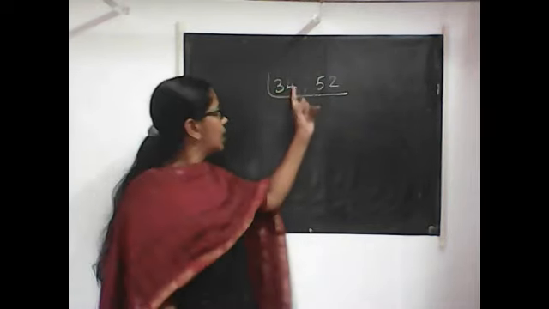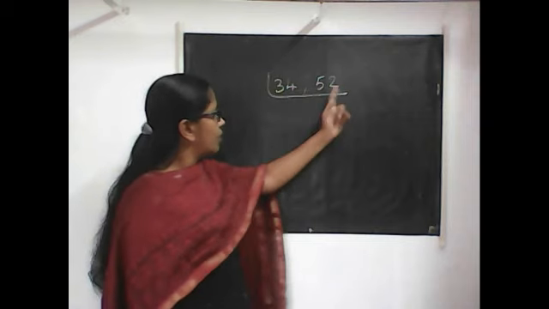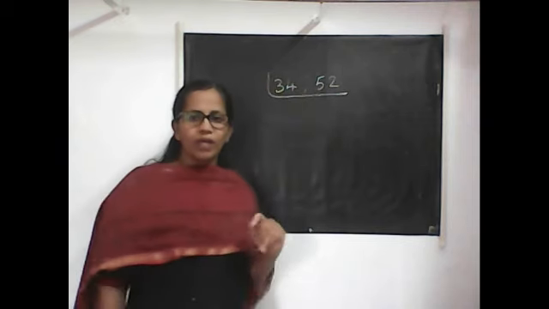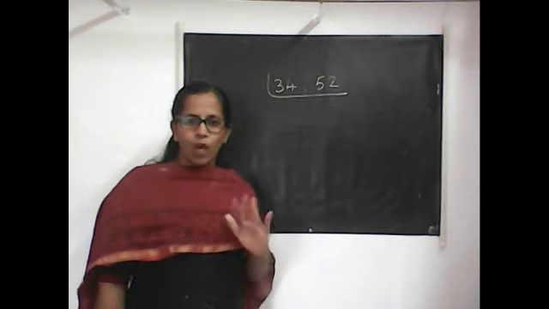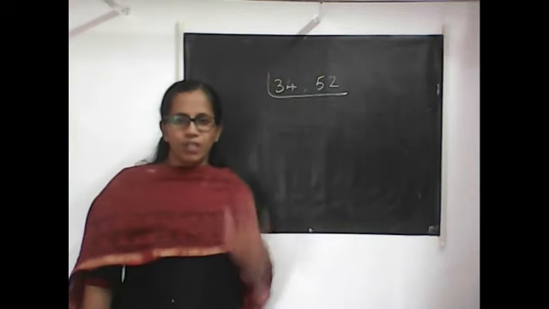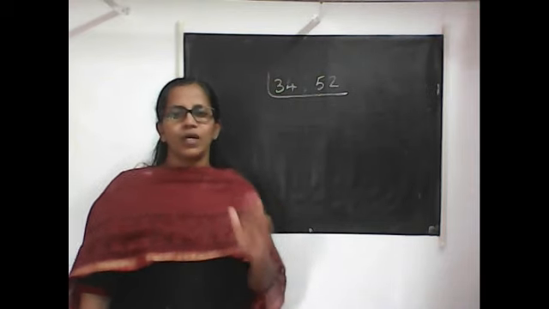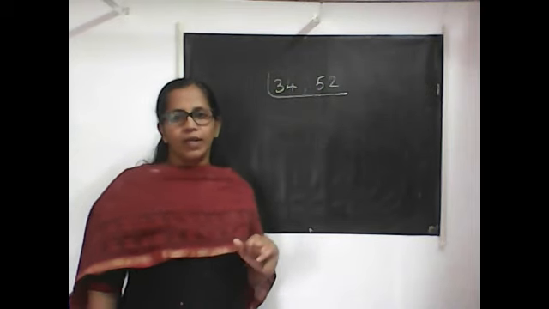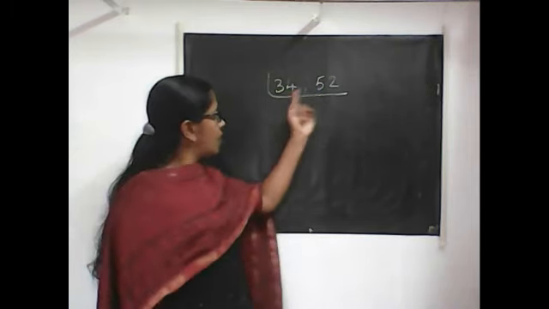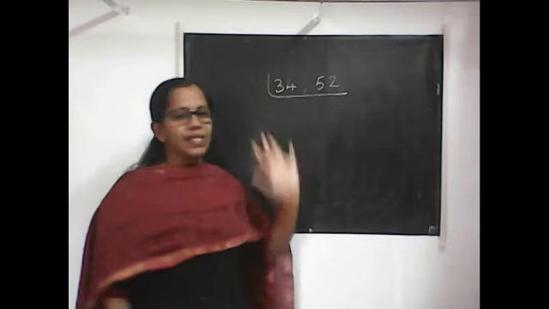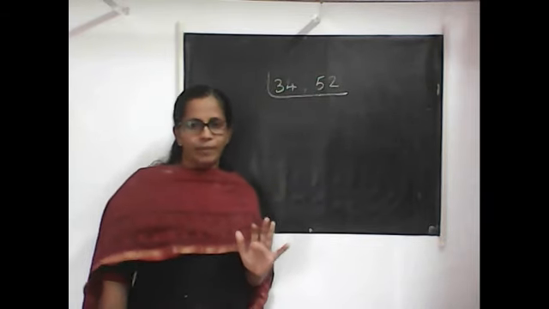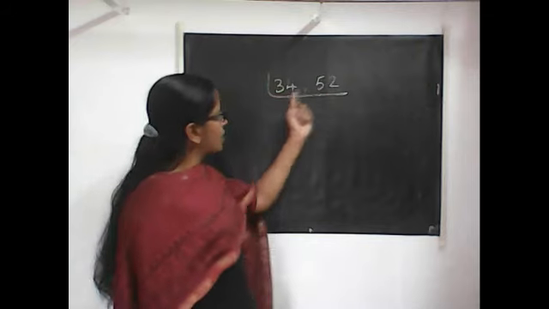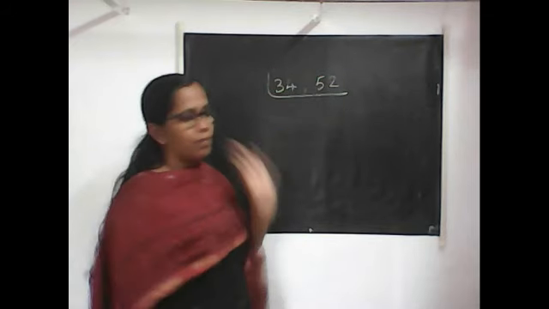The condition to be an even number is that the ones place digit should be 0, 2, 4, 6 or 8. If any of these digits comes at the ones place, then we can say it is an even number.